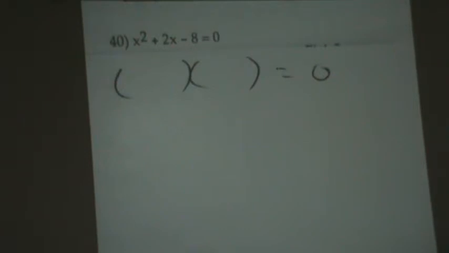Number 40. It's already equal to 0, so you don't have to move anything. So just factor it, and then put it equal to 0. X squared is x times x. 8 is 1 times 8, or 2 times 4. They subtract to give you 2. 2 and 4.